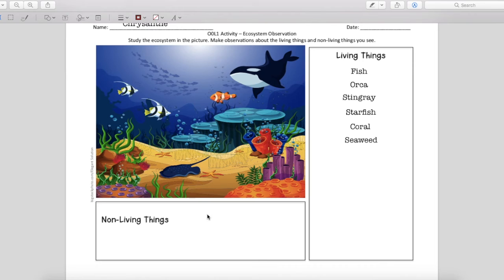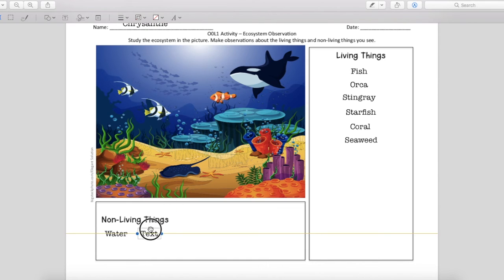So let's take a look at some of the non-living things in this picture. I think the most obvious one that we can see is the water that all of these animals are swimming in. So let's go ahead and add water to our list. There also seems to be some sand here at the bottom. Now, although it isn't soil, this is sort of the soil of the sea.